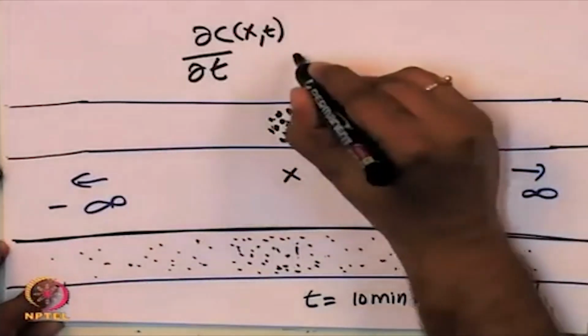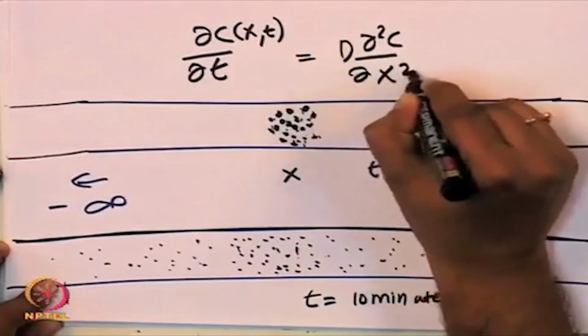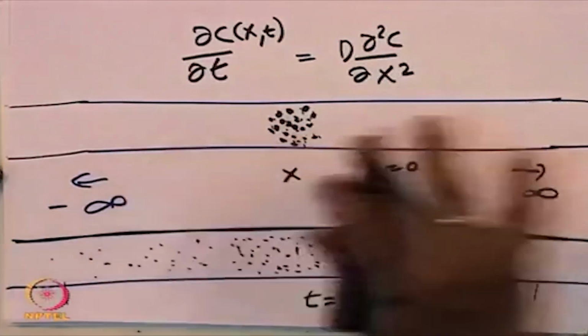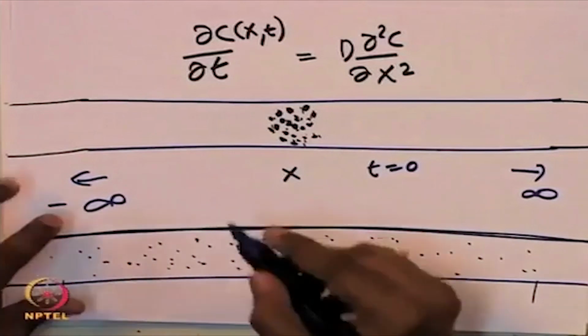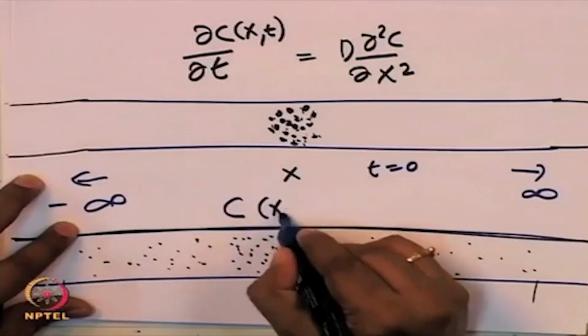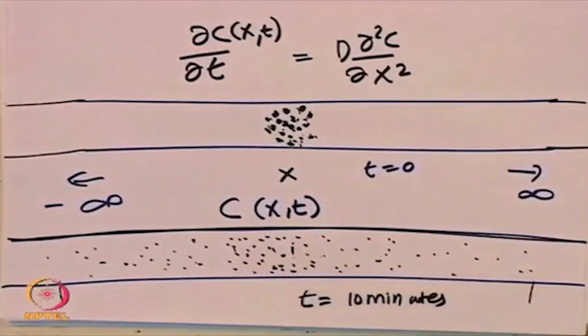If you solve this diffusion equation, what you get is essentially C as a function of x and t. How does the concentration change with space and time? If you ask at this particular position, what will be the concentration after 10 minutes? What will be the concentration after 20 minutes?